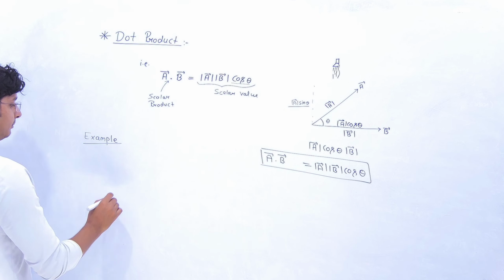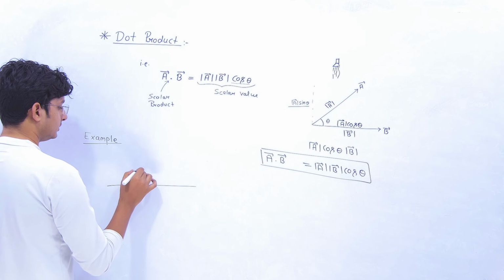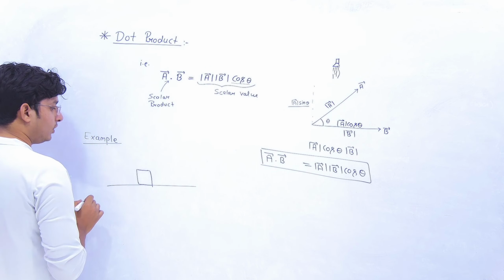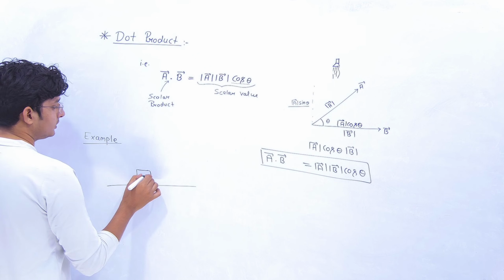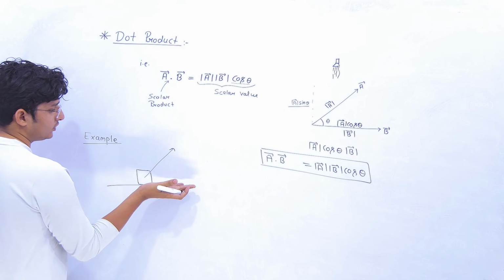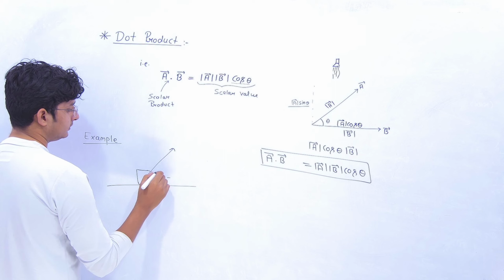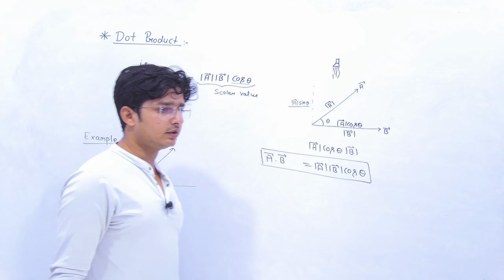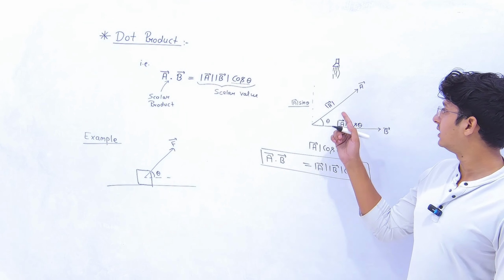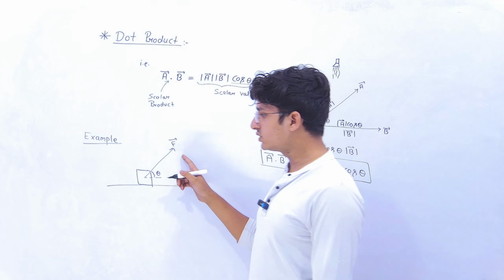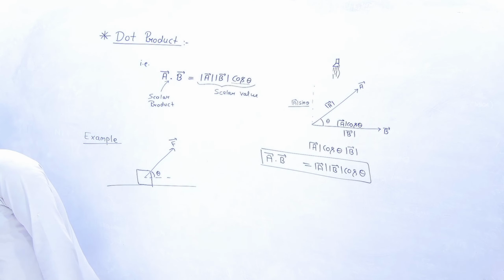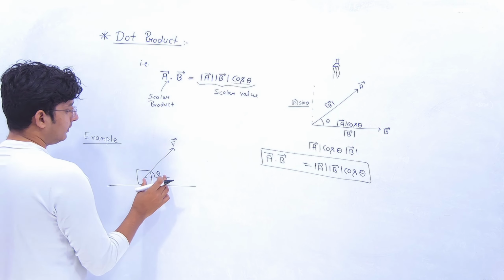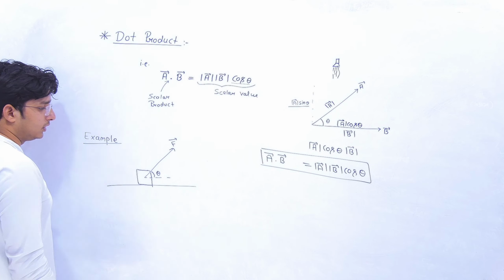Suppose I have a box and a force acts on this box at some angle with the horizontal plane, suppose theta. You all know force is a vector, so you treat it like a vector. Now this is the force vector. Now I want to calculate the work done by this force on that box.